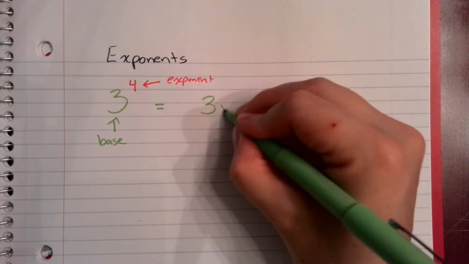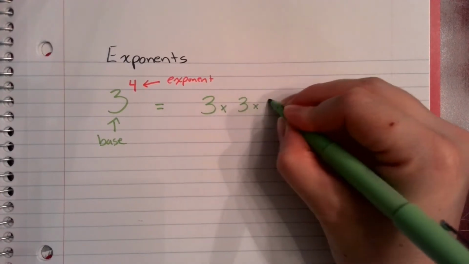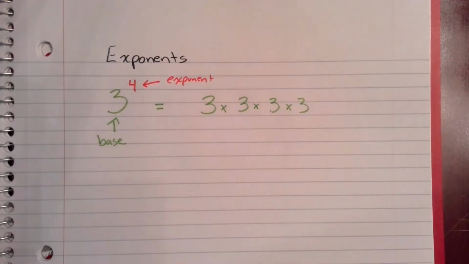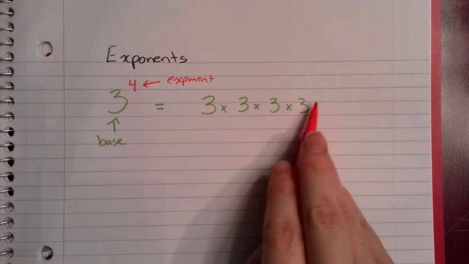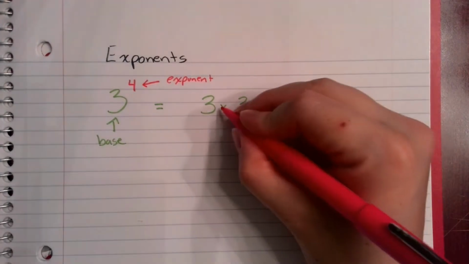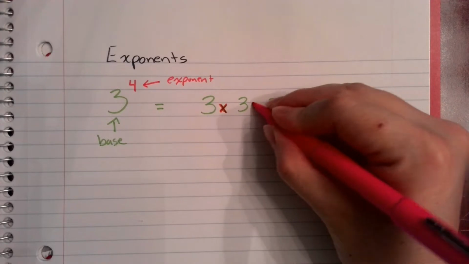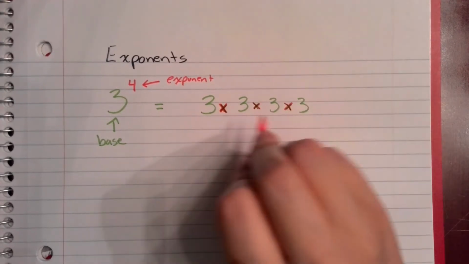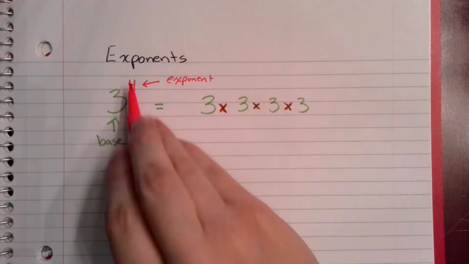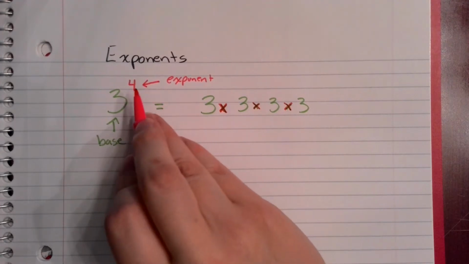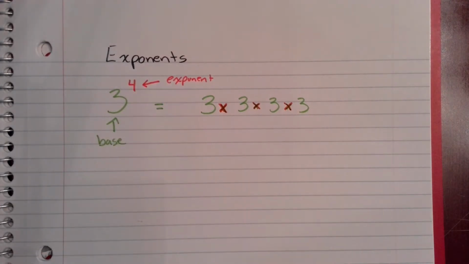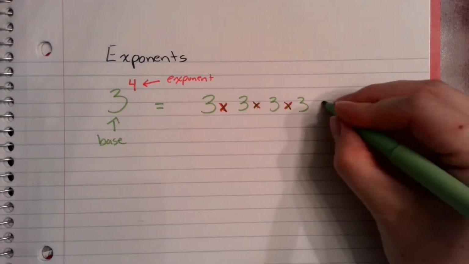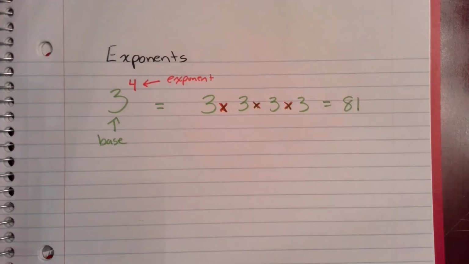So this would be 3 times 3 times 3 times 3. Notice that the 3 has occurred 4 times. So you're multiplying your 3 over and over again, however many times your exponent tells you to. That's the basic idea of an exponent, and in this case, this would be equal to 81.